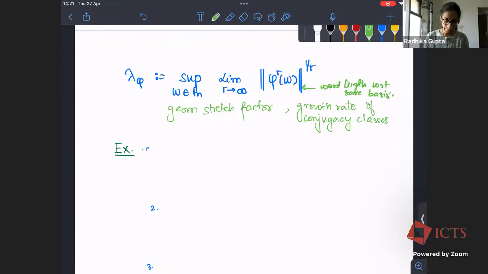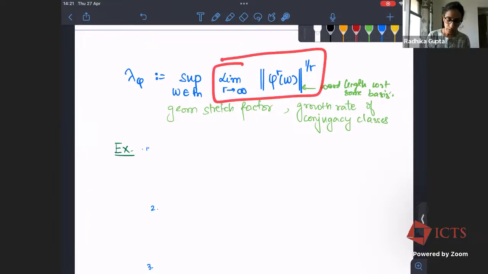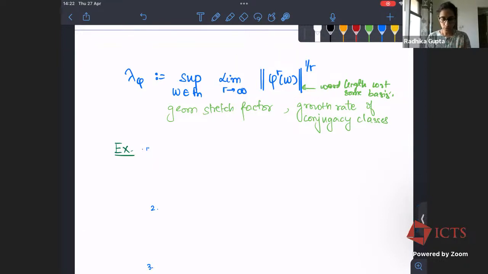Then I take the rth root of this, take the limit, and then I take the supremum over all the words. So what this is measuring is how fast W is growing. And I want to just see the fastest growth over all the words of the free group.